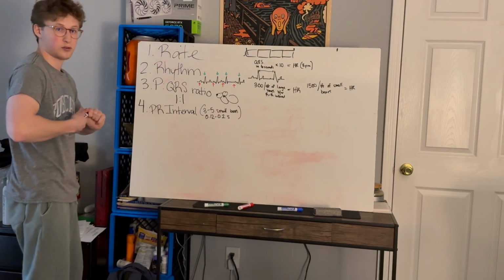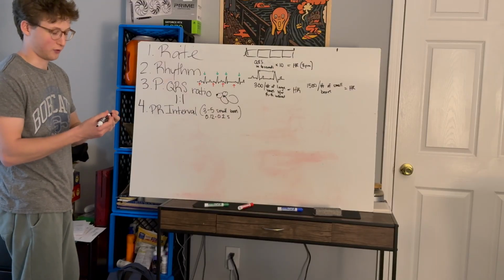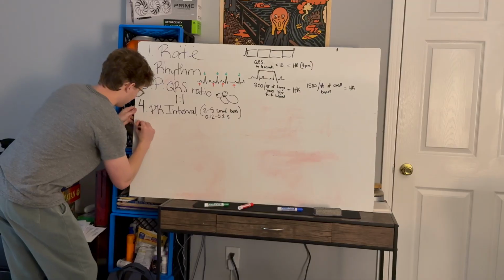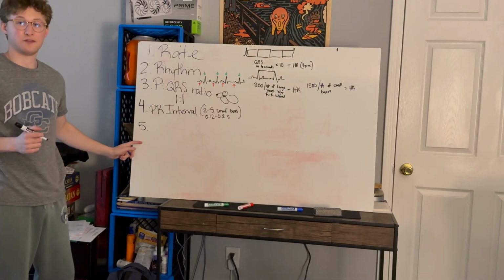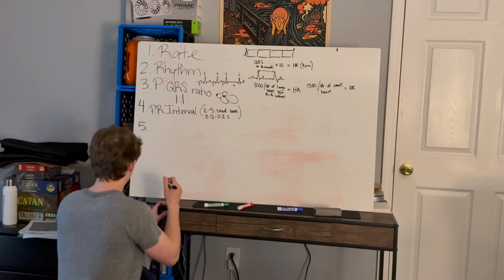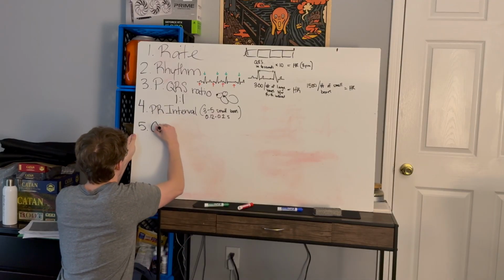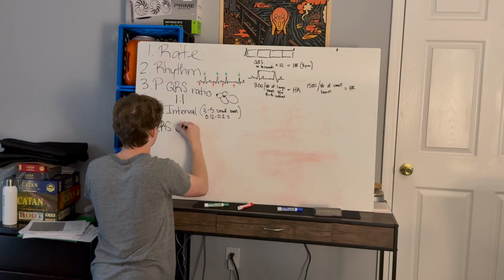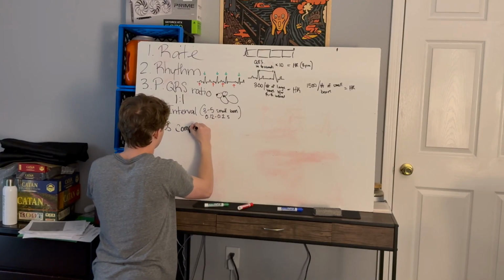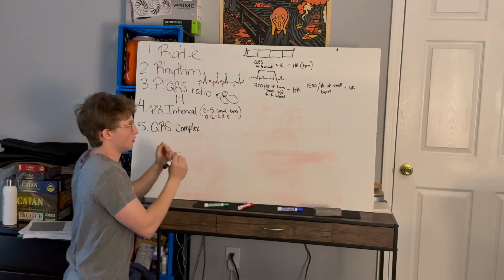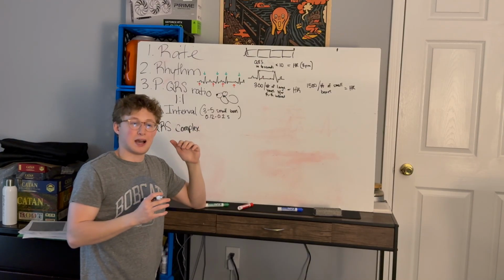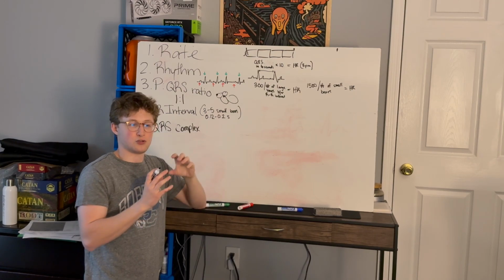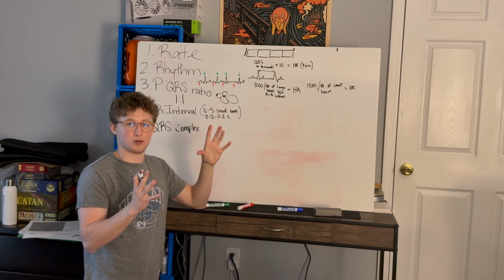Last thing we do, unless there are other circumstances that mean we should look for some other things. Number 5 is going to be the QRS complex. We want to know how long it is taking for depolarization to spread through the entire ventricles.